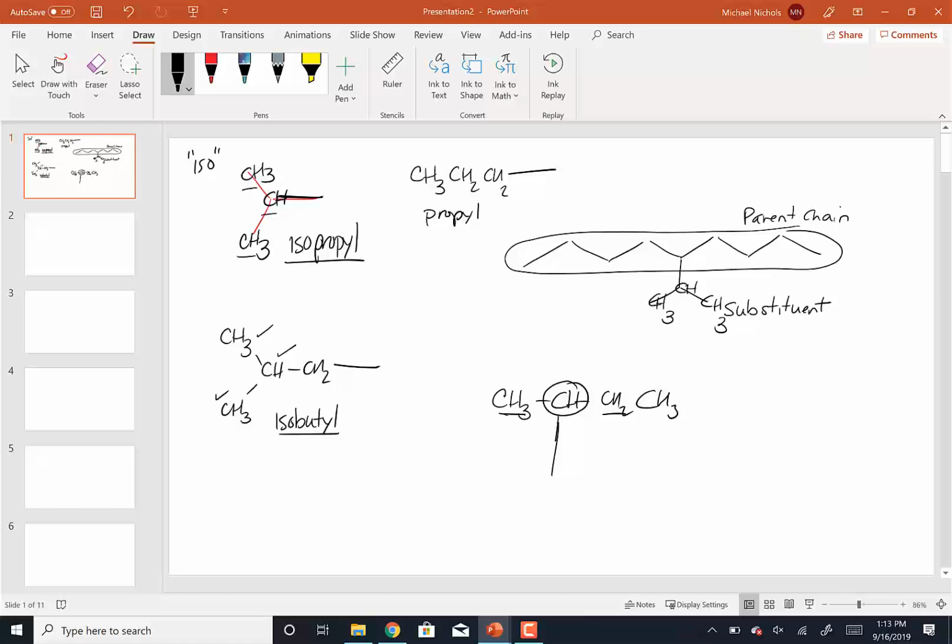It's a secondary carbon. And so this is a sec-butyl group. This is the only arrangement for a butyl group where the attachment point is a secondary carbon. And because it's unique, it has a unique name and a unique structure, sec-butyl got upgraded to be an IUPAC name. So there is a system to this.